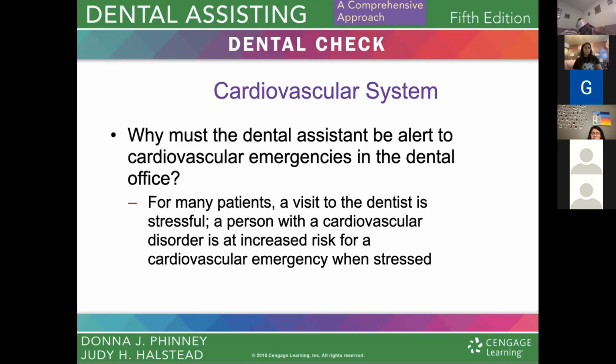especially when stressed, when sedated, or when we're giving them anesthetic, especially with the anesthetic with what in it? What do our anesthetics have in it that is a vasoconstrictor?